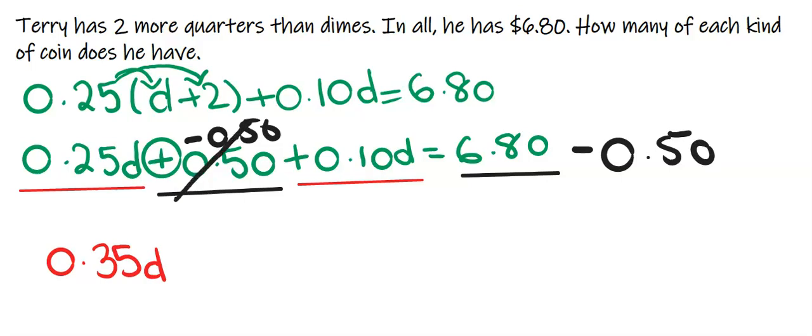And these two will cancel out. Okay, now that the left side is solved, all we have to do is solve the right side. 6.80 minus 0.50 is equal to 6.30.